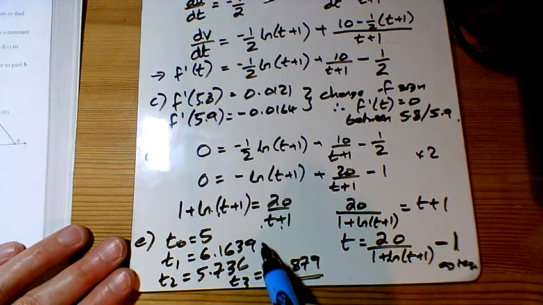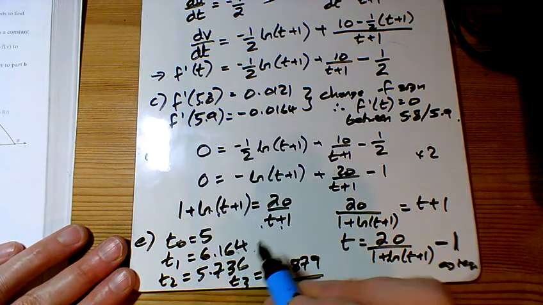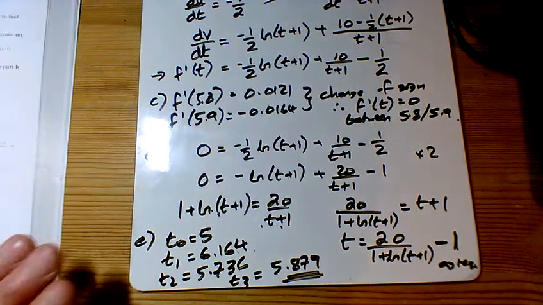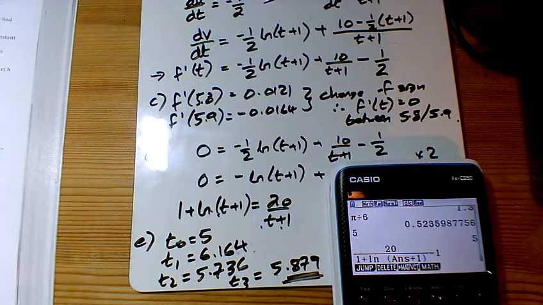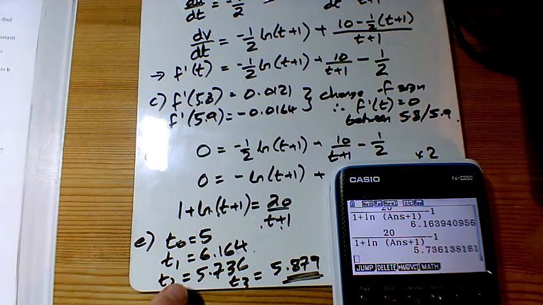And I'll round those, I want 3 decimal places. Is that okay? There you go. 6.164, 5.736, and 5.879. Good, got that.